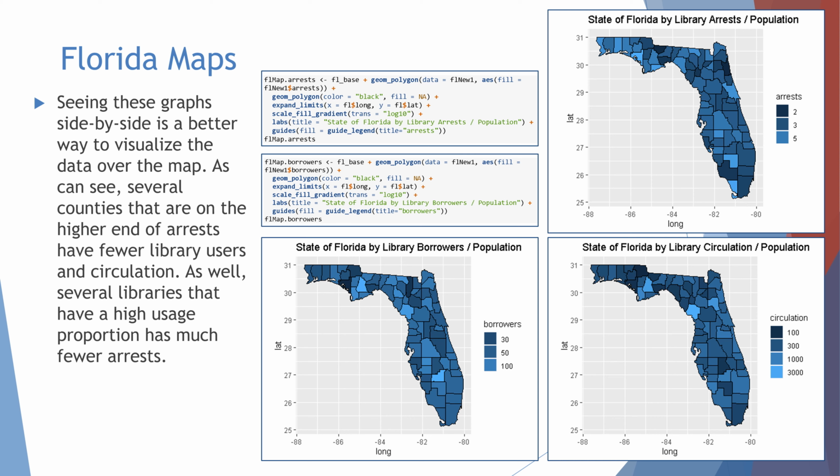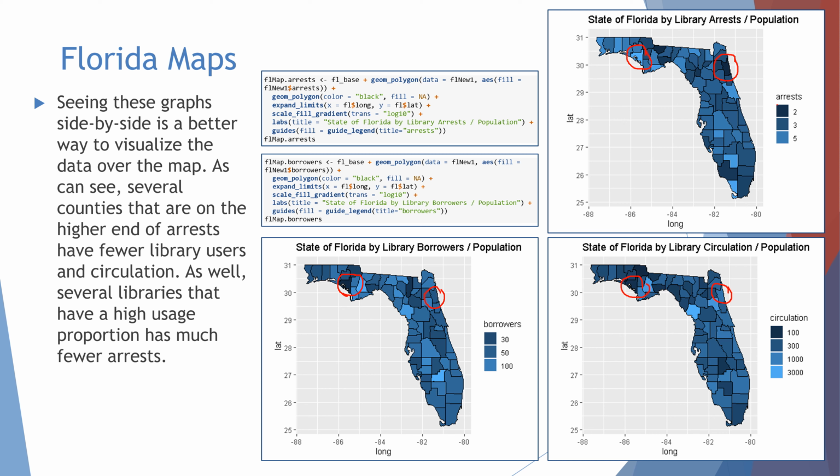So this county was really how I knew that something might be up. It was very high in arrests because the light blue is high. And then circulation was very low, and so too with borrowers. This county is also low on arrests, as we can see here, and then higher on circulation and also higher on borrowers. Now it doesn't always fit.